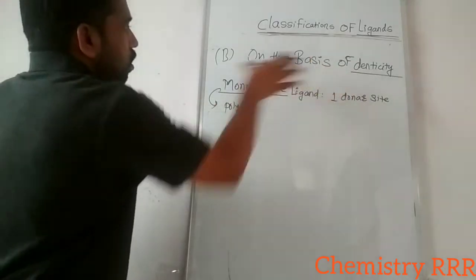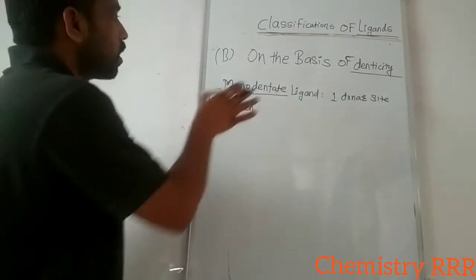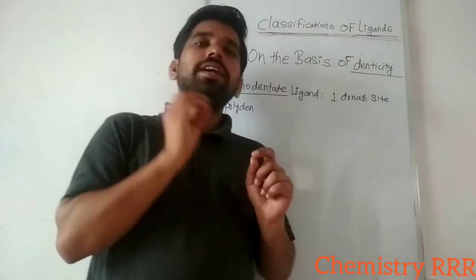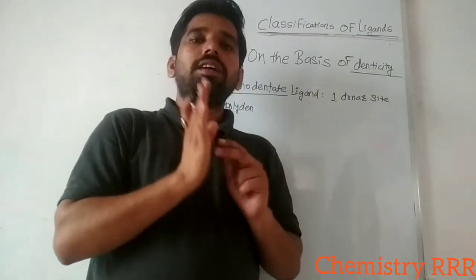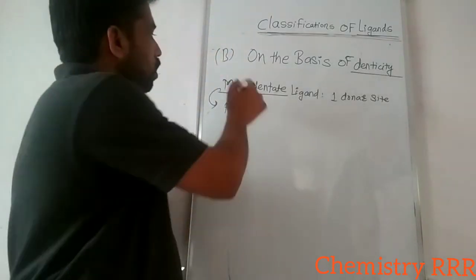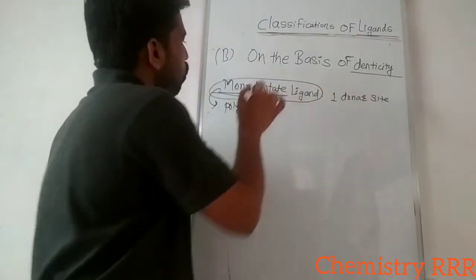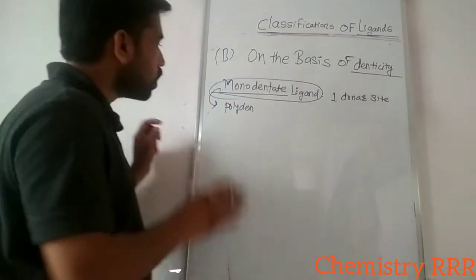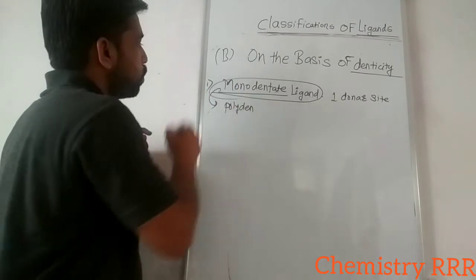On the basis of denticity, the ligands are classified into six types: monodentate, bidentate, tridentate, tetradentate, pentadentate, and hexadentate. The wide classification is monodentate and polydentate. This is first.